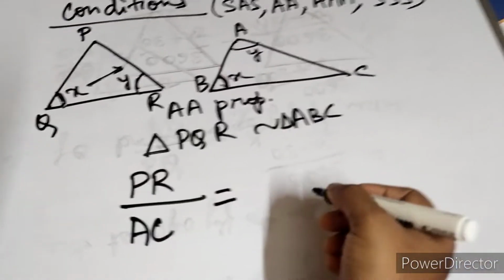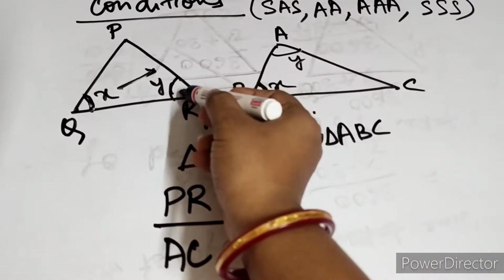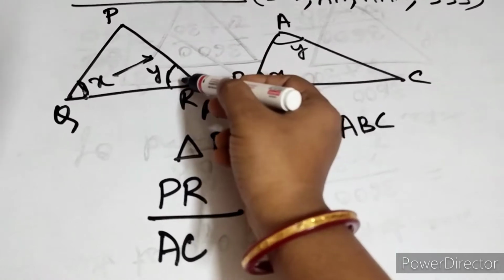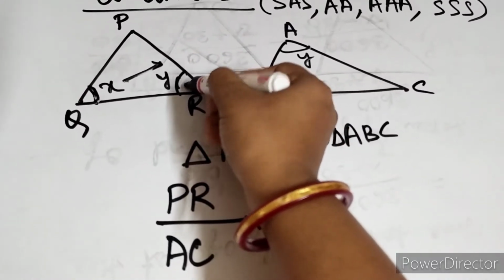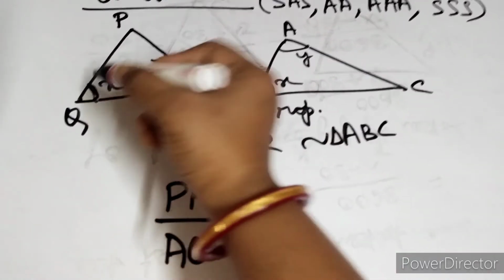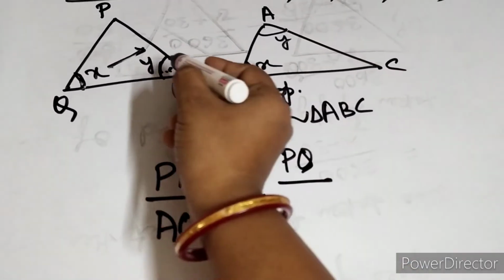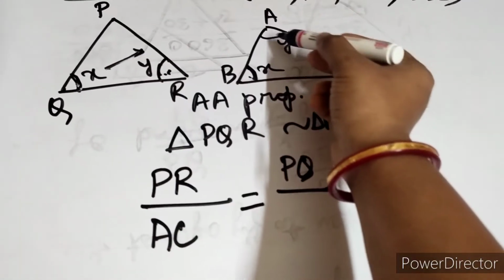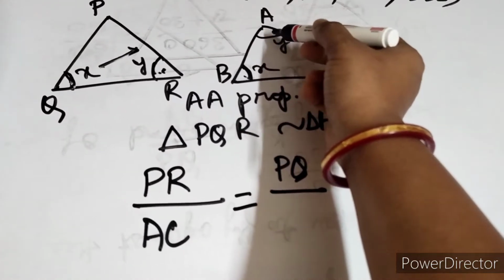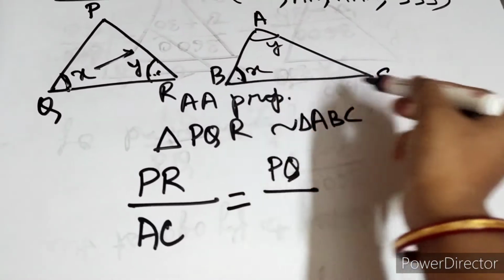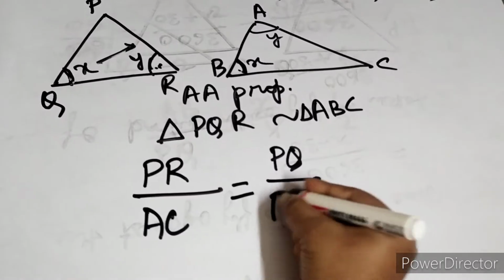Now this is y and this is y. This angle's opposite side is PQ, so we write PQ by, in the other triangle this is y, angle A, and its opposite side is BC. So PQ by BC.